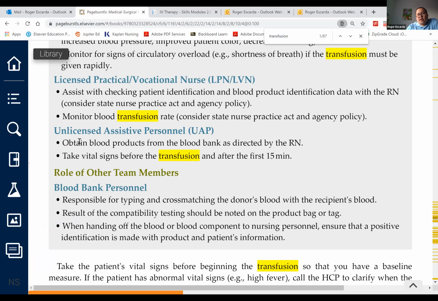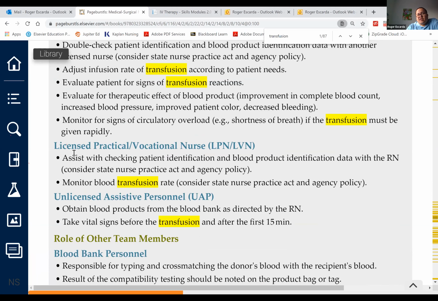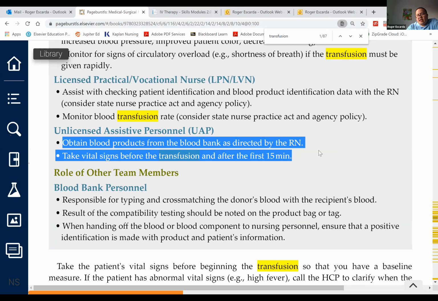As far as the UAP, be careful about which vital signs they're allowed to take. Which vital signs is listed here? What vital signs can the CNA take? The LPN could take blood pressure.